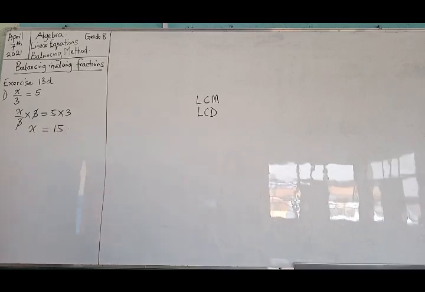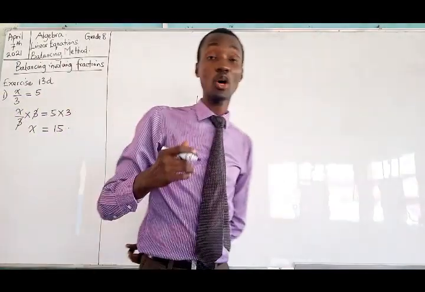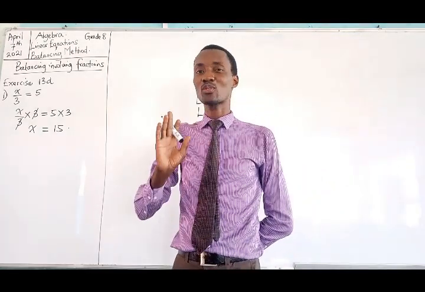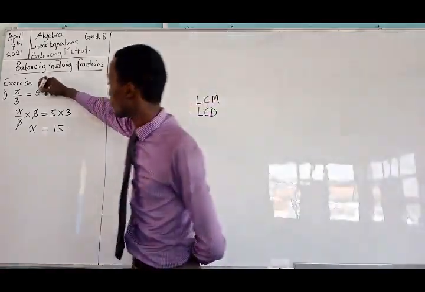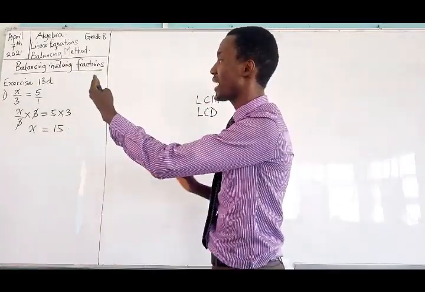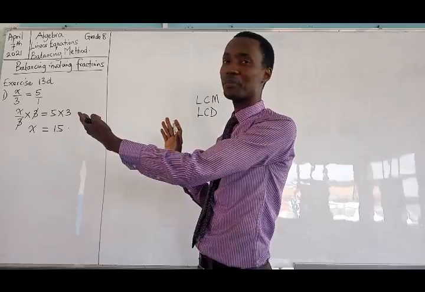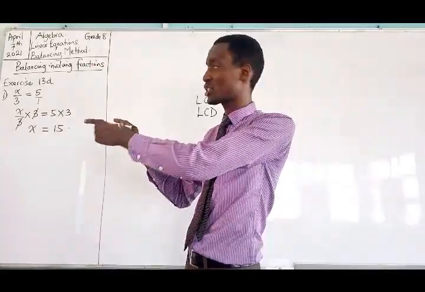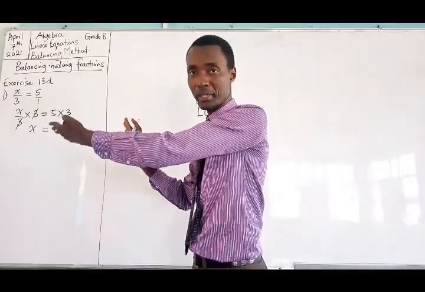X equal to 15. Notice that we have not talked about LCM, but codedly we are actually using LCM because a student can say this over 1, and if I compare 3 and 1, the LCM of 3 and 1, or the LCD as it is called in this arrangement, will be what? 3.